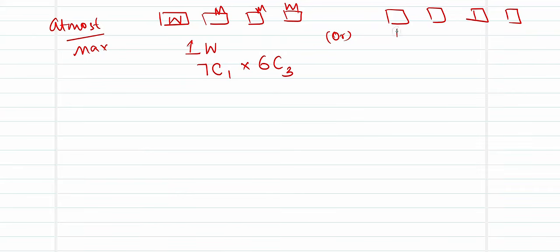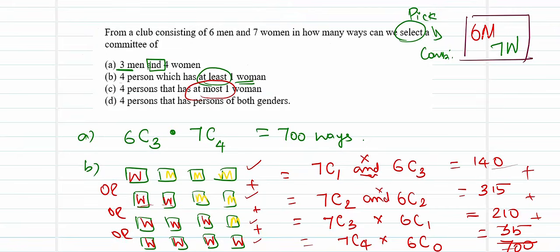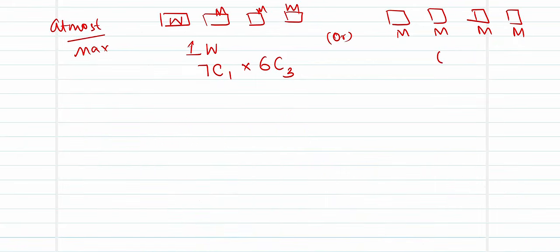So there can also be the case that no woman is present, in which case all of them are going to be men. So I have totally 6 men, and out of the 6 I can choose all 4 of them, and out of the 7 I choose no women. So it is going to be the combination of both of them. So you just add it, so you will be getting your answer for the third subdivision.